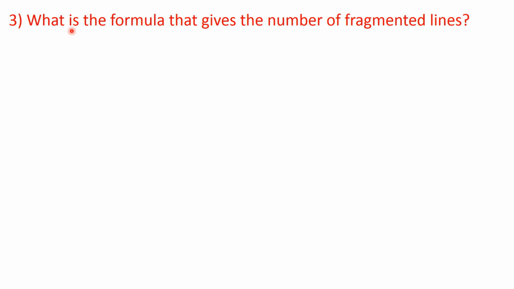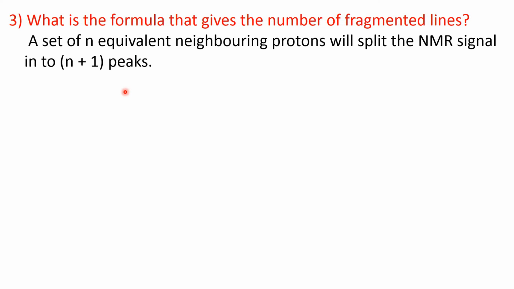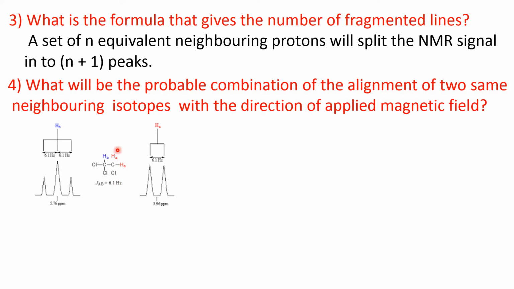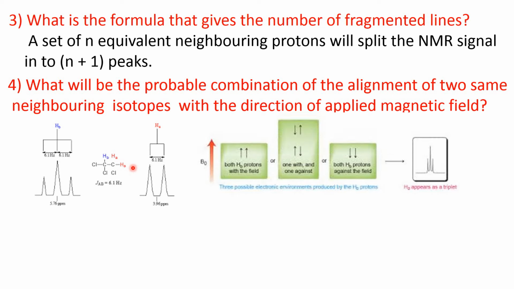Now coming to the third question, what is the formula that gives the number of split lines? Already you have seen a set of n equivalent neighboring protons will split the NMR signal into n plus 1 peaks. Fourth question, what will be the probable combinations of the alignment of two same neighboring isotopes? Here it is proton with the direction of the applied magnetic field. Already we have seen. Say this is Hb proton and neighboring there are two Ha protons. Then this NMR peak of Hb proton will be split into 3, in 1:2:1 ratio.